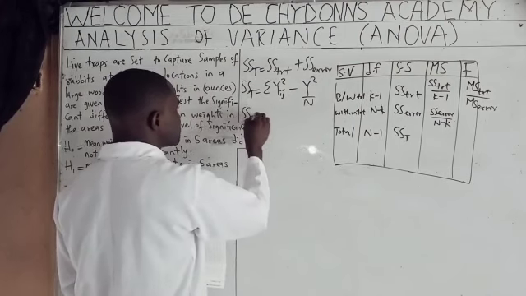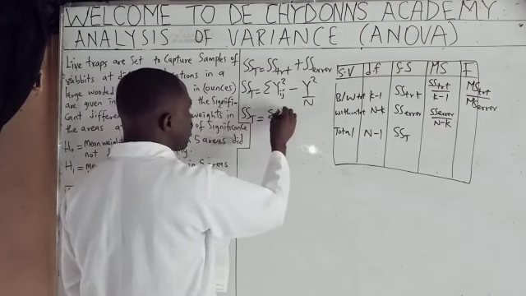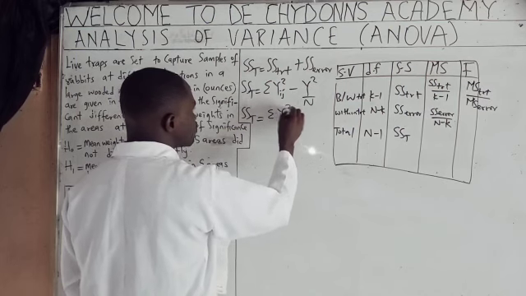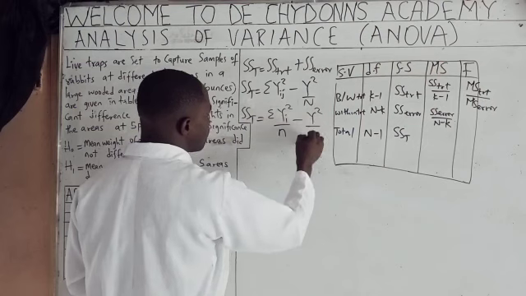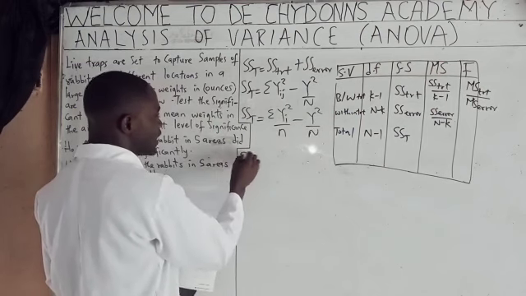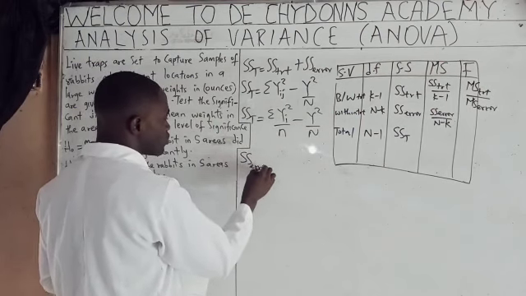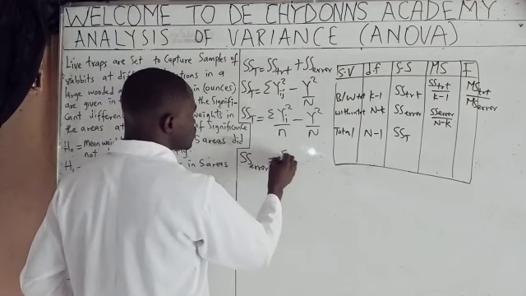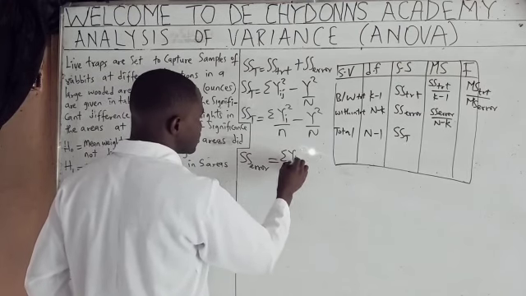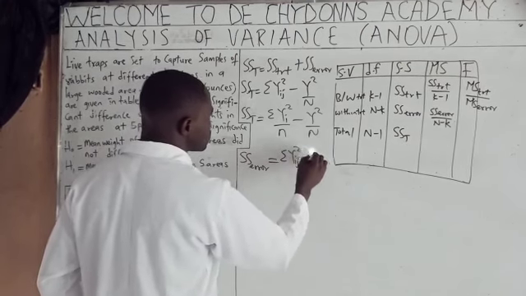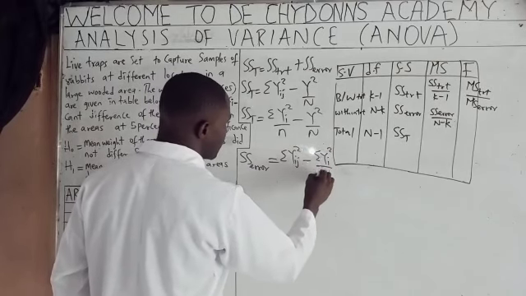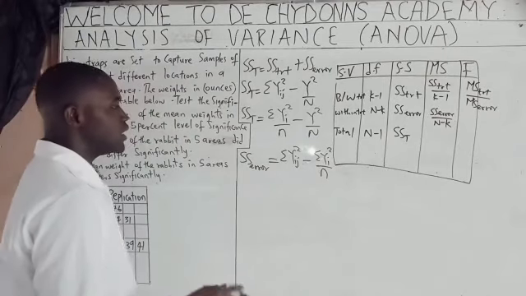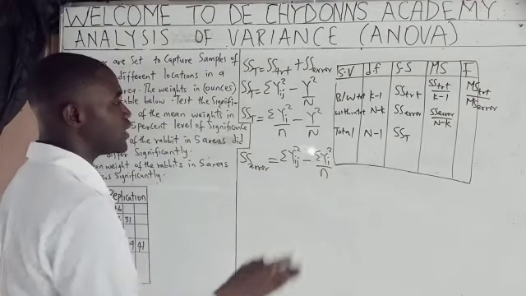Then SS treatment equals summation of yi squared all over n minus y squared all over n. Then SS error equals summation of yij squared minus summation of yi squared all over n. These are formulas we need in this.